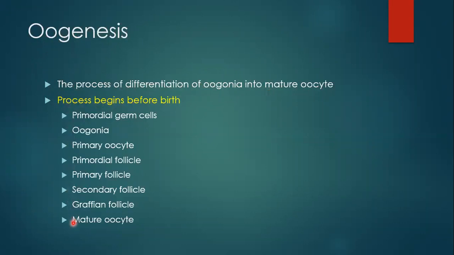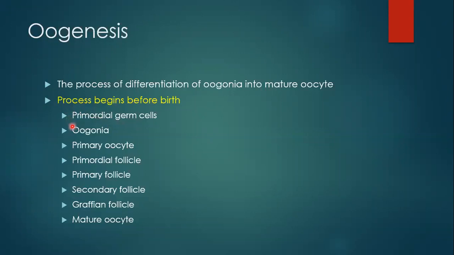These are the terminologies that will be bothering us in the upcoming slides, and they are basically the cells which are the first cell, which is basically a stem cell. In other words, it is known as the primordial germ cell.